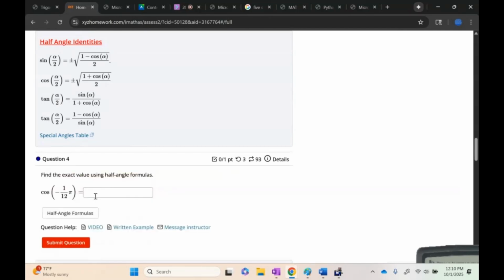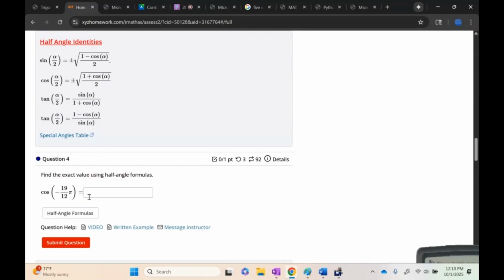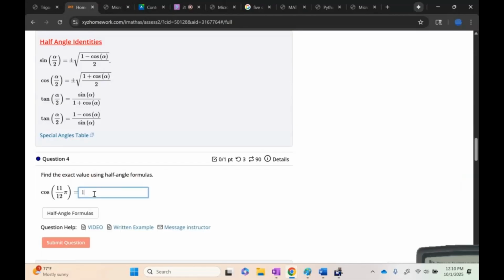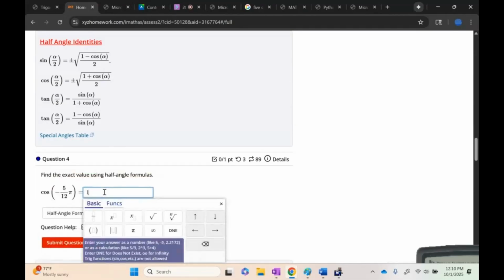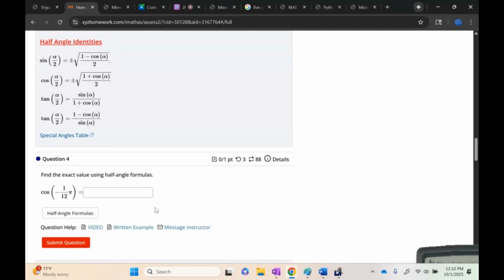Okay, I'm going to do this a couple more times. Hopefully it's going to work. It might do it here. I'm just trying to show you. If you hit view an example, it gives you a weird type of answer.